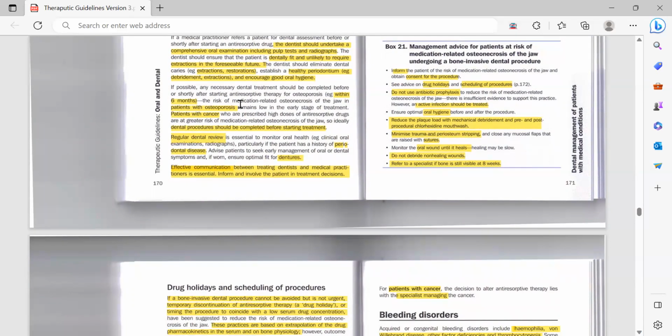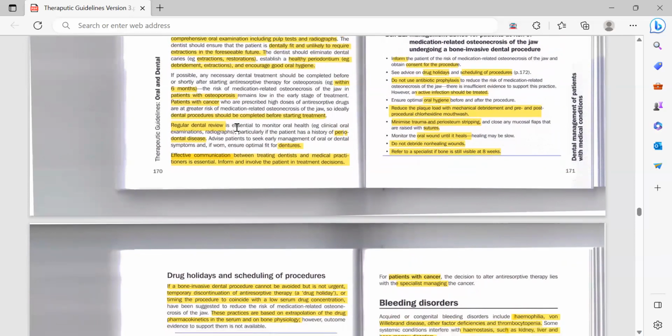So we still have a leeway of 6 months that you can try to complete all the treatment within the first 6 months of the starting of the doses. Okay, but for the cancer, as the patient would be taking high doses of IV treatment, then ideally it should be best done before starting the treatment.